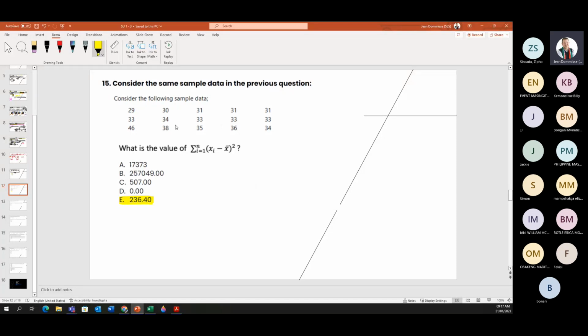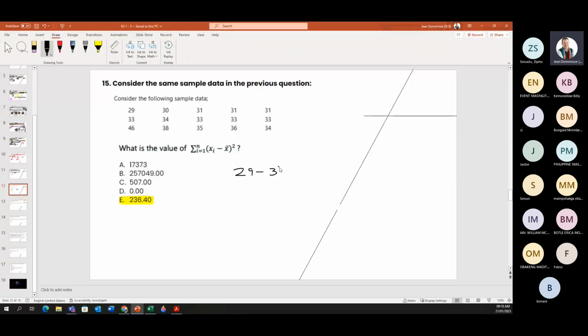Again, calculator, much more difficult. There are settings to work it out depending on which financial or scientific calculator you have. If you wanted to do it by hand, what was your mean? 33.8.